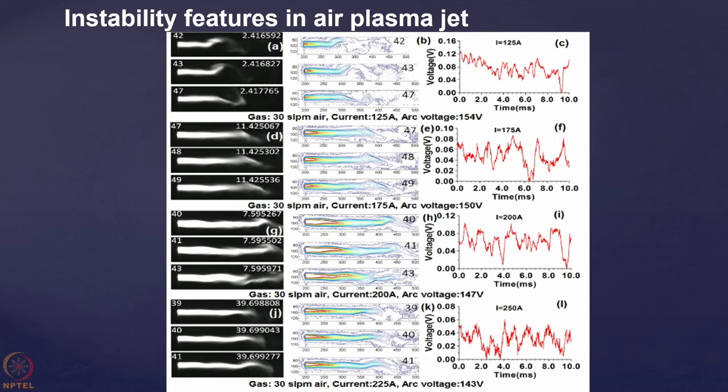Similar things occur in the air plasma jet, as I have shown, where your nitrogen plasma jet is seen over here, and the voltage oscillation also I have shown over here. So you can see that whenever a plasma jet is operating, it is not necessarily a very steady kind of thing, and most of the time we see the other way around, and we find that the voltage oscillates.